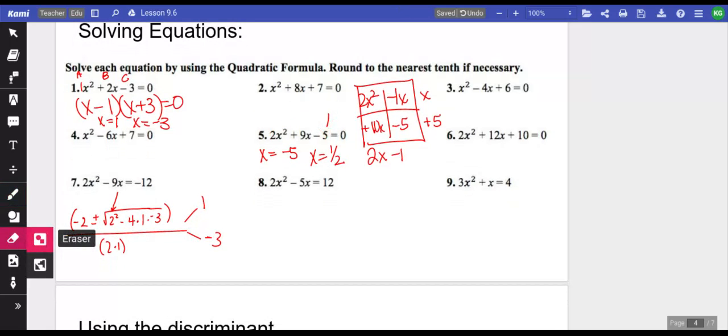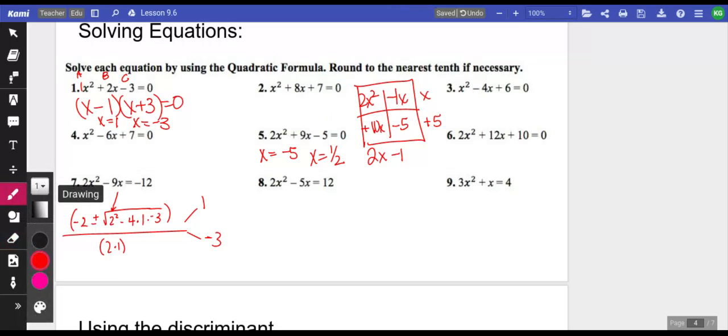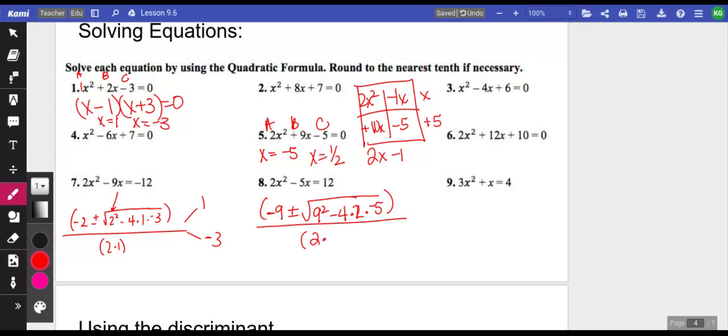So now, doing it the quadratic formula way, I'm going to do the opposite of b, which is negative 9, plus or minus the square root of 9 squared minus 4 times a times c, all over 2a.